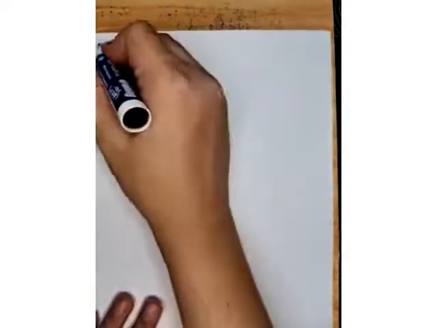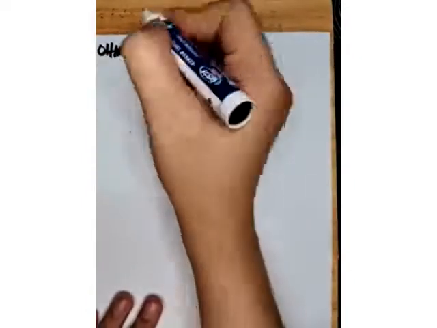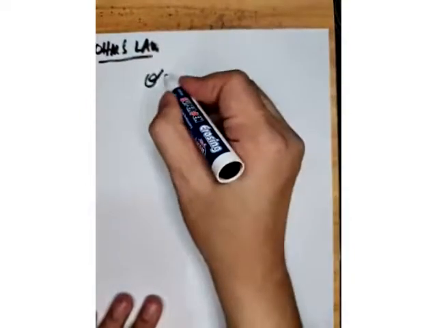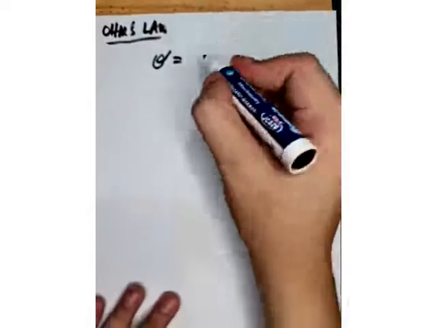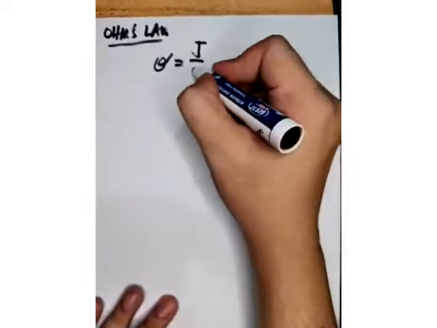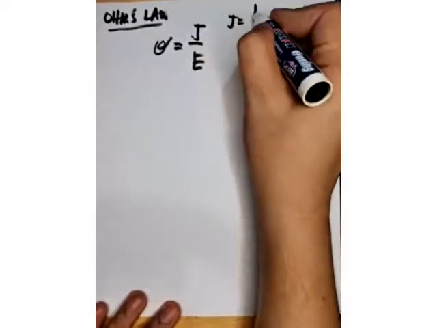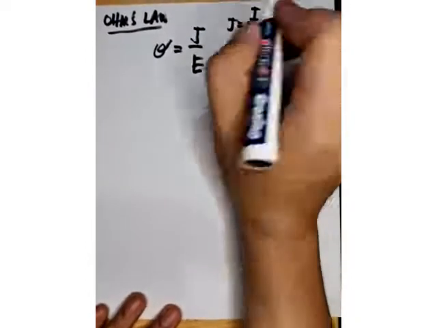Okay, pupunta tayo sa Ohm's Law. Ang sabi sa Ohm's Law, ang conductivity daw ay equal sa J over E. So J is the current density, na equal sa current over area.